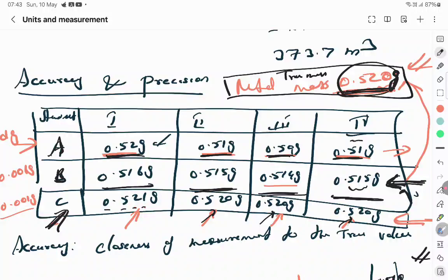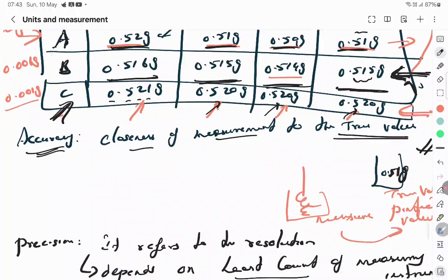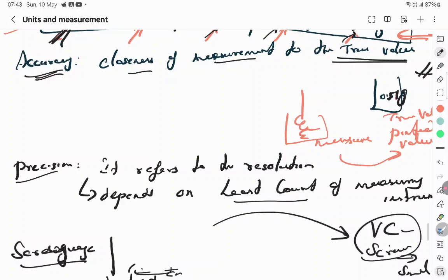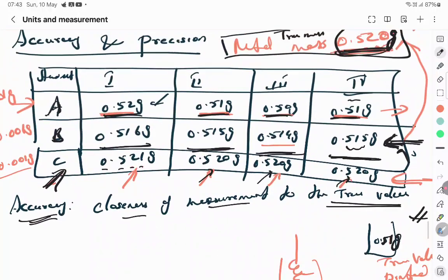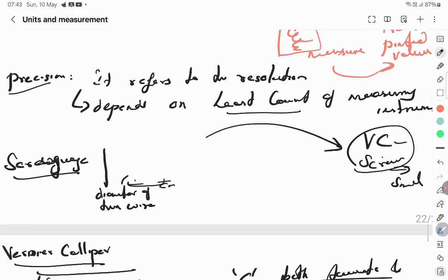When you take the average, the average value being closer to the true value is known as accuracy. And precision depends on the least count, which is basically the 3 decimal places, which involves an instrument change.